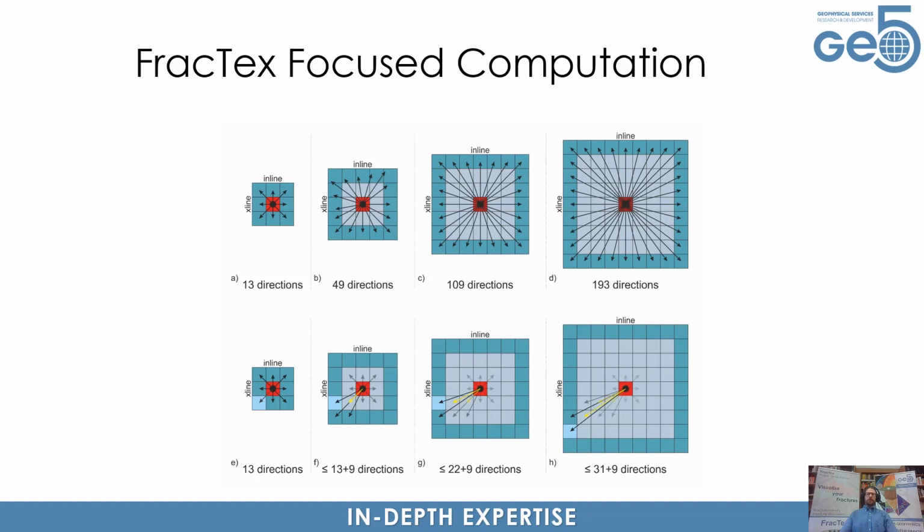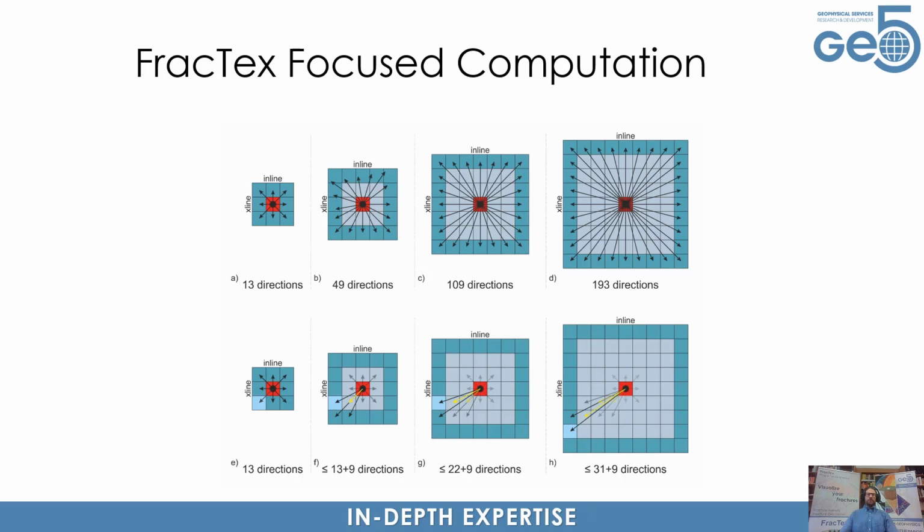We already talked about the number of directions before. In the upper row, I'm showing the standard case for the FracTex computation, where we use 13, 49, and so on directions. In the lower row, I'm showing our new focus computation algorithm, which will be in the upcoming release of the FracTex plugin. In this case, we do the computation first in 13 space directions and determine the maximum and minimum attribute results, and also memorize the cell the maximum and minimum occur in.